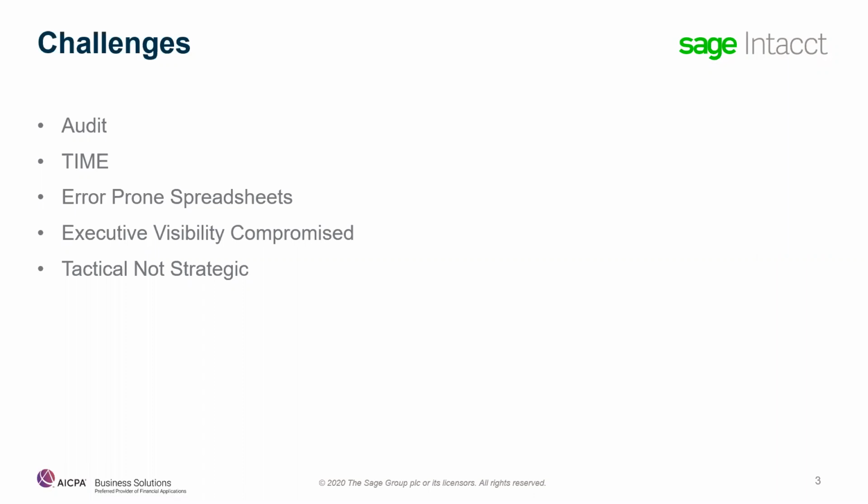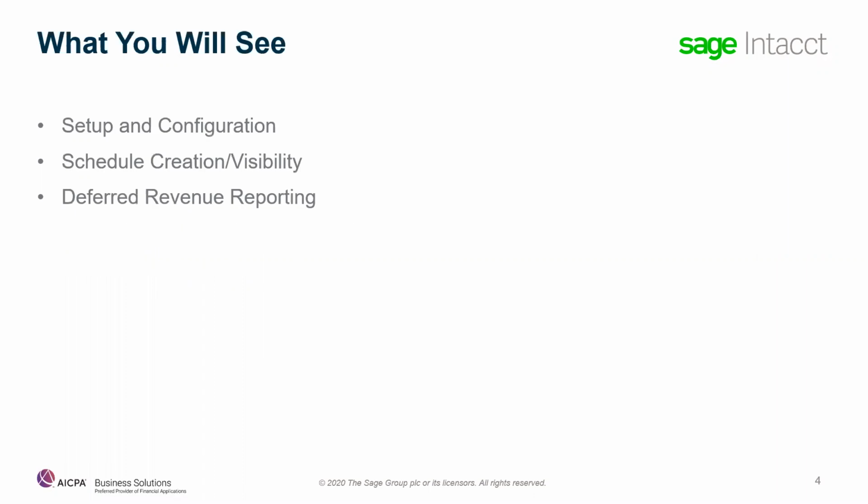So when we talked to them about our solution, we talked about the fact that not only do we have a revenue management solution, but we have two solutions. Today, what we're looking at is the more traditional way of managing revenue through order entry.